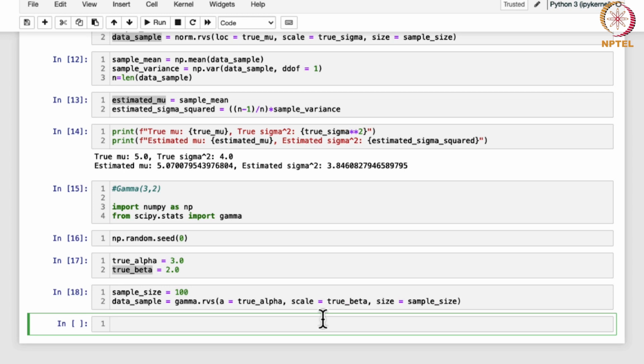So here you have generated random data from the gamma distribution with parameters 3 and 2, alpha and beta. And what is the sample size over here? It is 100.